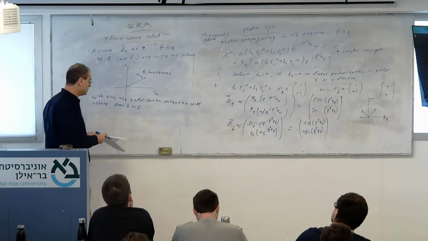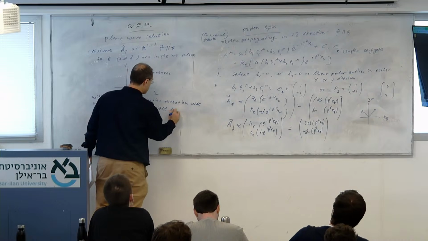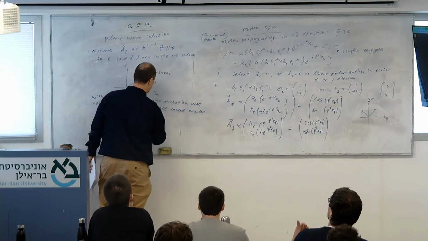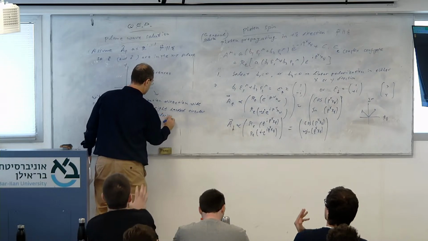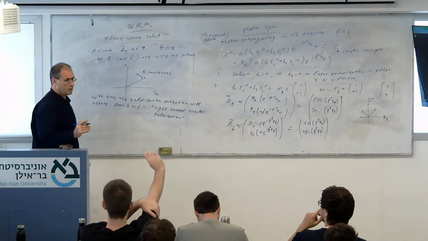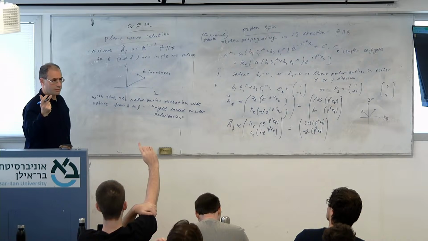That is called a right-handed circular polarization. We don't have freedom in choosing the x direction and y direction, such that it will always be right-handed, because I always use a right-handed coordinate system.